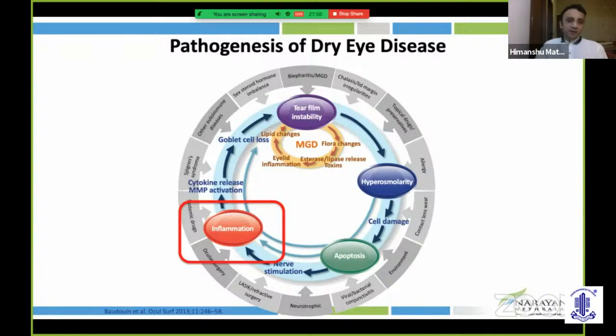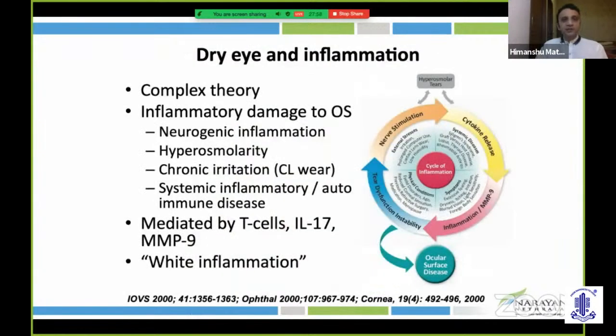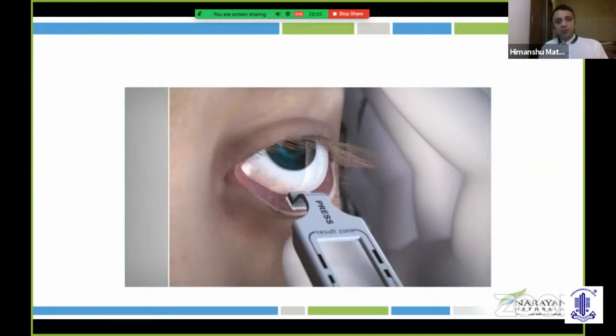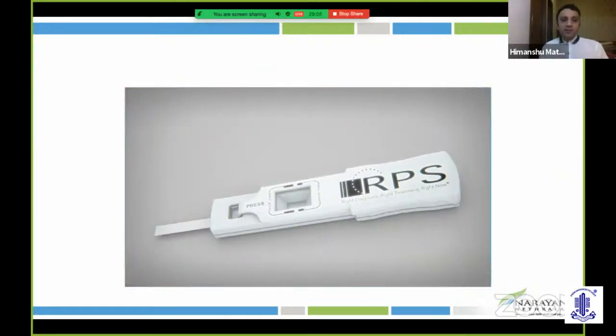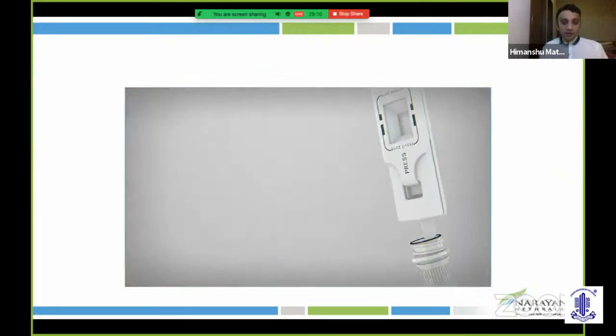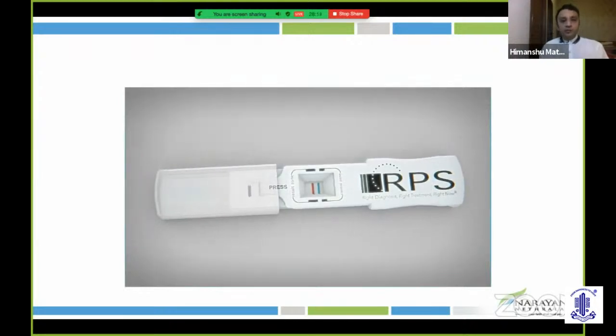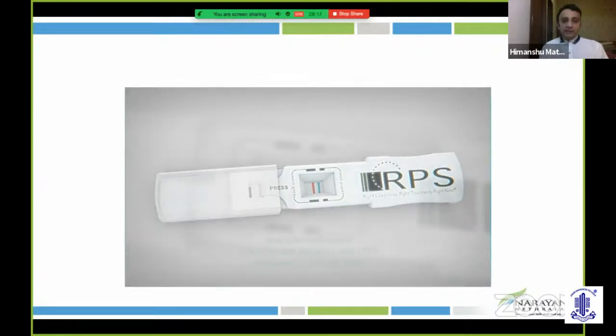Coming to the next part, the inflammation part. Inflammation in dry eye has been studied a lot, and we know that it's sort of a white inflammation. It may not show congestion. There is one test for the MMP9 level which is commercially available in our country. Though it's not very easy to procure, it's certainly not unreachable to most of us.